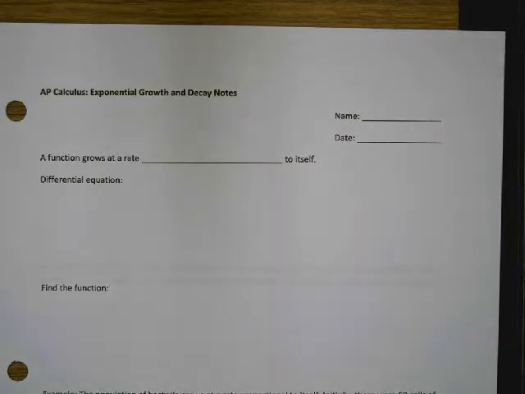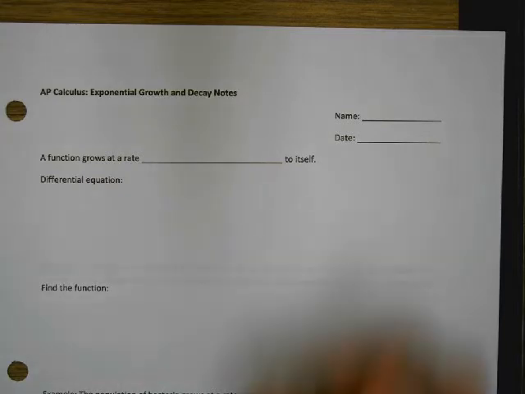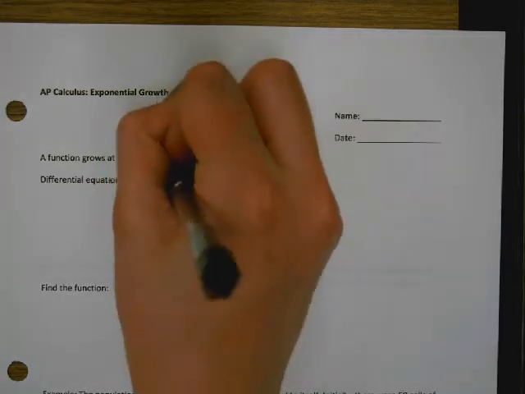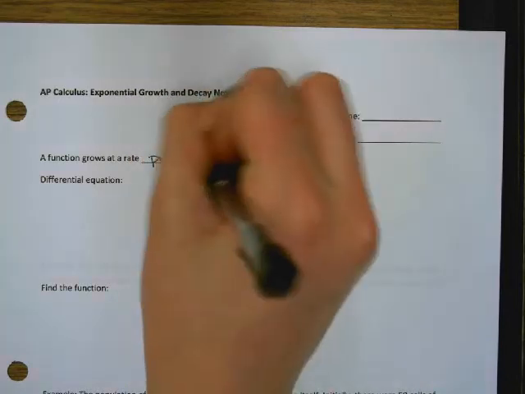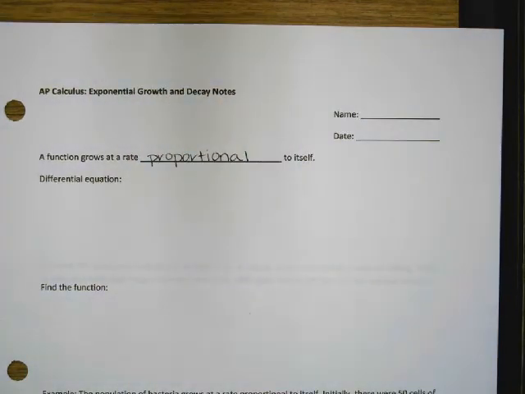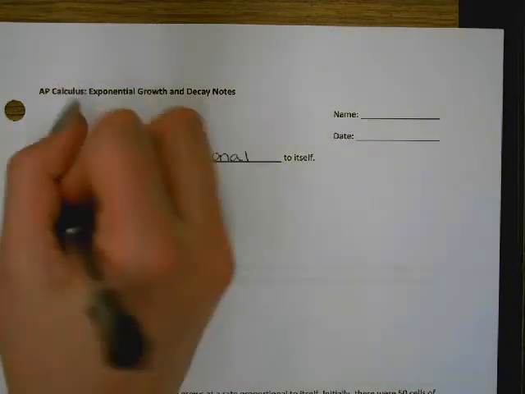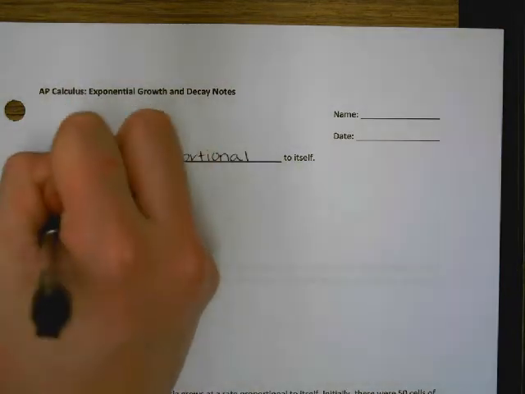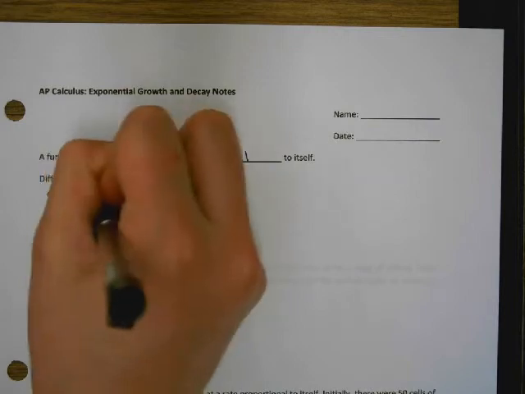So these notes are going to be on exponential growth and decay. For the first blank, a function grows at a rate proportional to itself. So the differential equation is dy/dt equals ky.